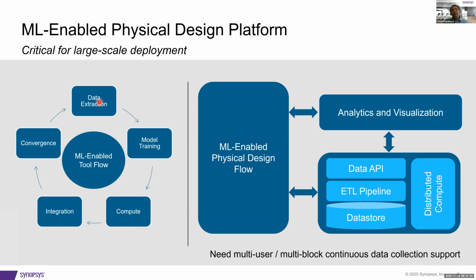Once you have a model that really performs and is giving you the accuracy you need, integrating it in a complex place and route tool is a very, very huge task, because you need to integrate it and drive consistent, robust convergence, which means that if I take my ML feature and run it on K blocks, it shouldn't be that half of them improve and the other half degrade.